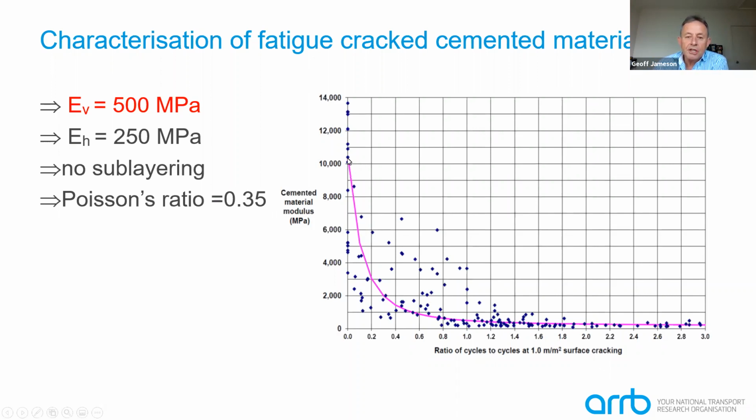And you can see initially it might have started at a modulus of 10,000 MPa prior to loading, and then by the time it gets to a cycles ratio of 1, the modulus is reduced to about 500 here. So by the time that we start to see surface cracking, the modulus has reduced to about 500.